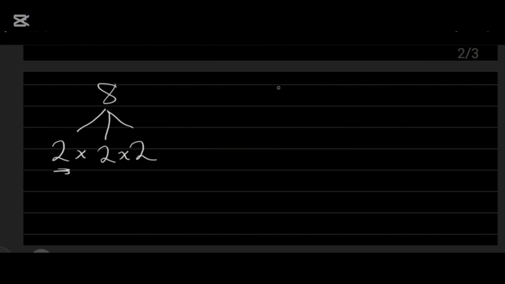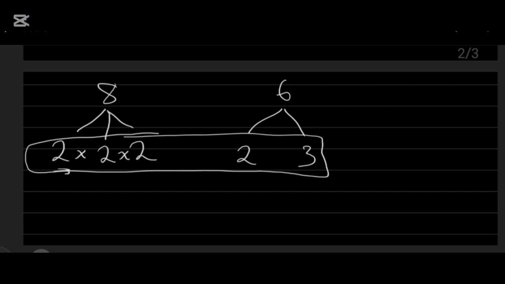Now for the other number, which is 6, we already know that 6 is 2 times 3. Here all the numbers we are having now are prime numbers. Now our LCM is equal to, we take the first number 2 times, now we take the second number 2 times, but the third number in the first and the first number in the second, this one and this, they are common.